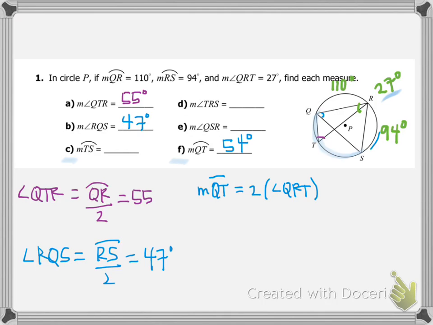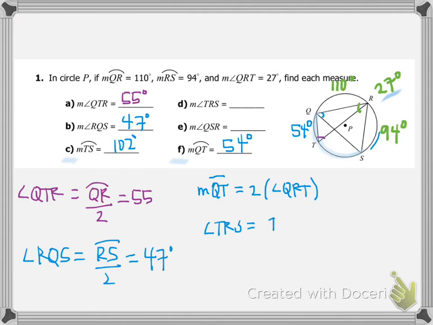And then arc TS there, remember they all add up to 360, so if this is 54, you can say 360 minus 54 minus 110 minus 94, so that's going to give me 102.